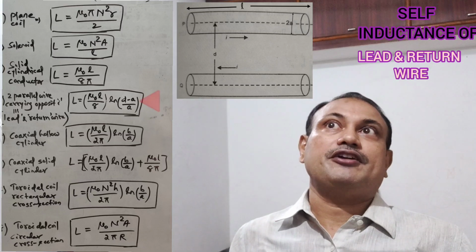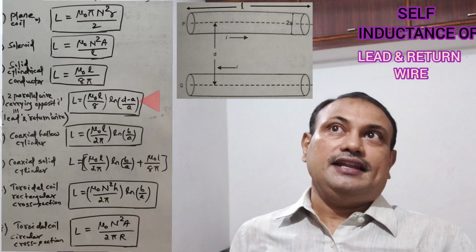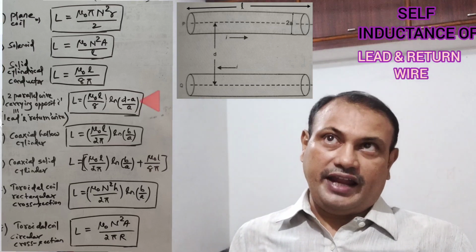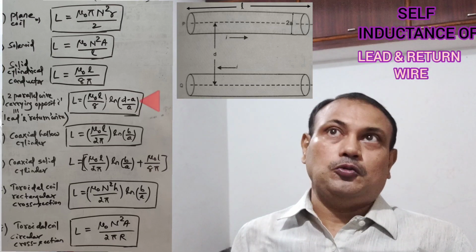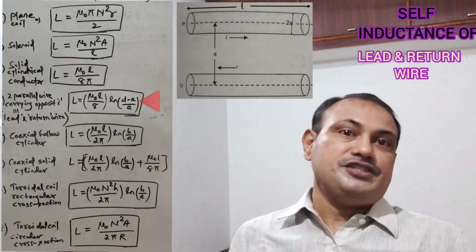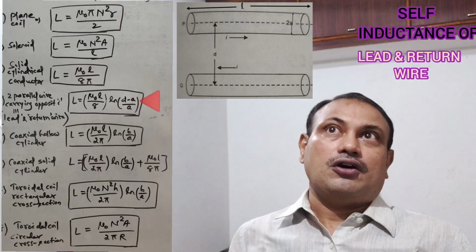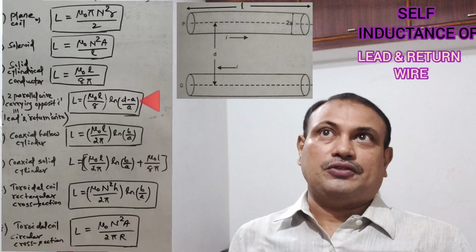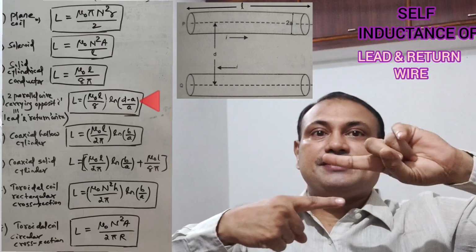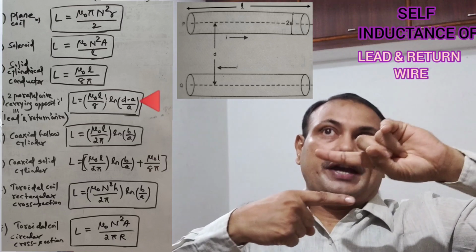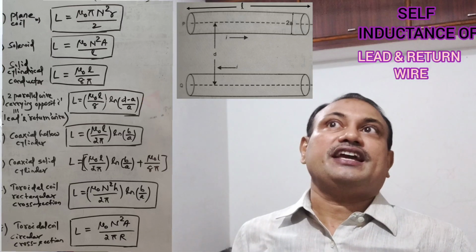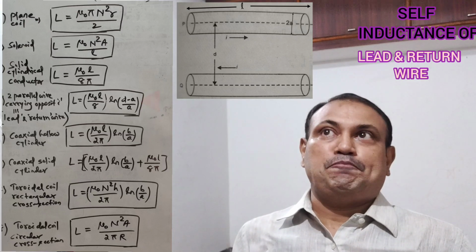For that, the self-inductance L is equal to mu 0 times small l upon 8 into ln, the natural logarithm, of (d minus a) by a, where d is the separation between these two wires and a is the cross-sectional area of each wire.